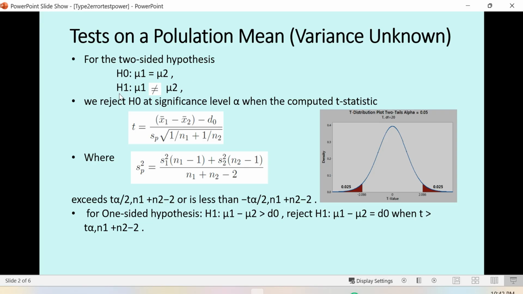And H1 means that we reject the null hypothesis, which means that we find some effect. So you can say we are more interested in H1 than H0. So if we get H1 and reject H0, it means we find some effect.